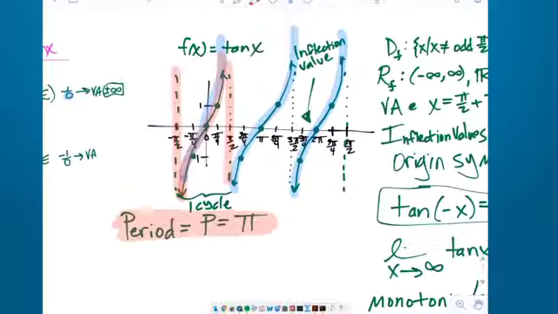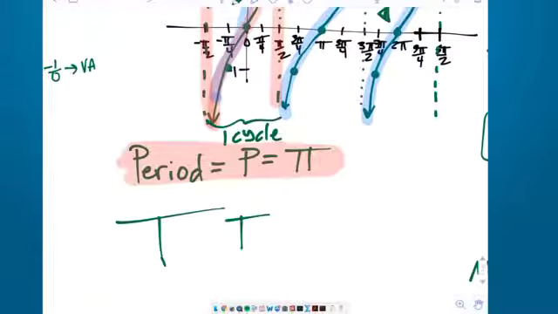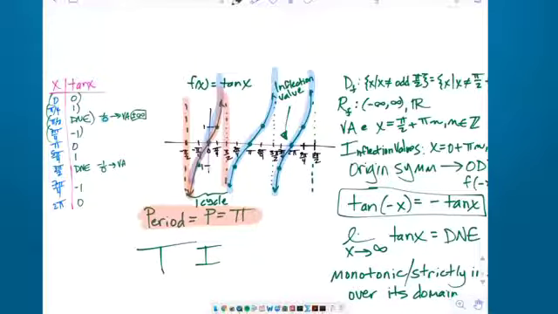So here's your new parent function, tangent of x. And if you want to remember it, like the Sahala-Chala method, T for tangent, also for Texas and Tennessee. Okay. We start on the y-axis with an inflection value. So I'm going to put I for inflection value. And the next critical value is not pi fourths.